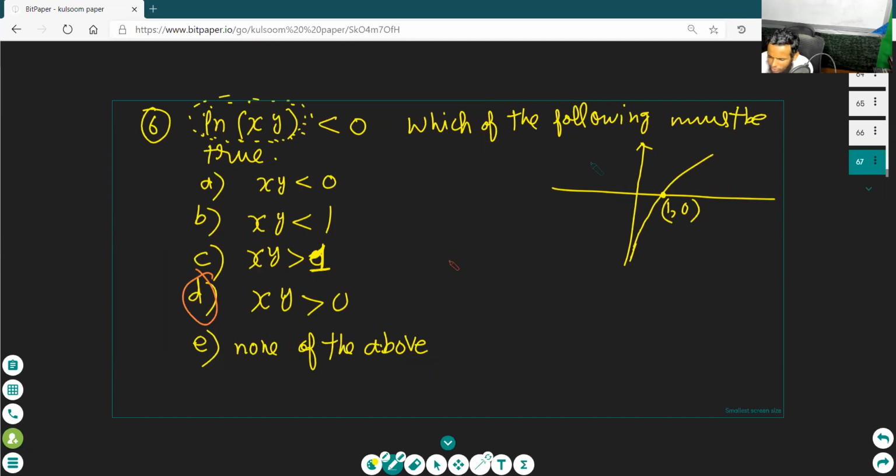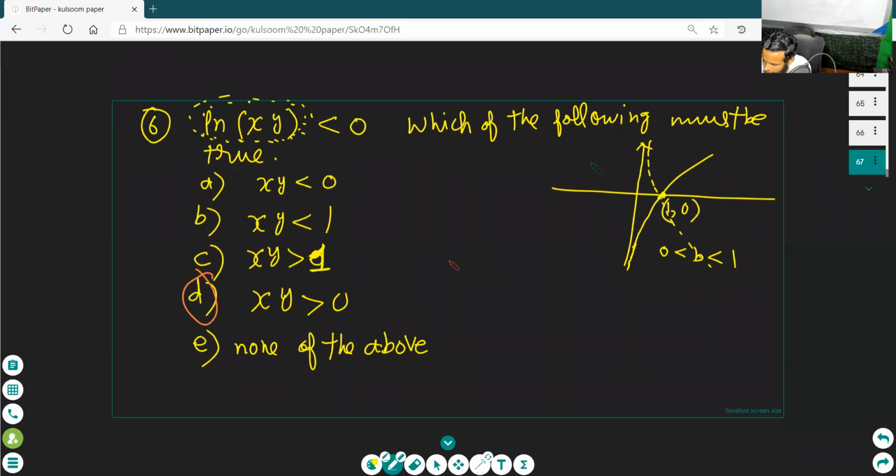See here, our function is also on the negative side. Clear? Our y values are also negative, and this is the case for 0 less than b less than 1. Then the other case was in this way.